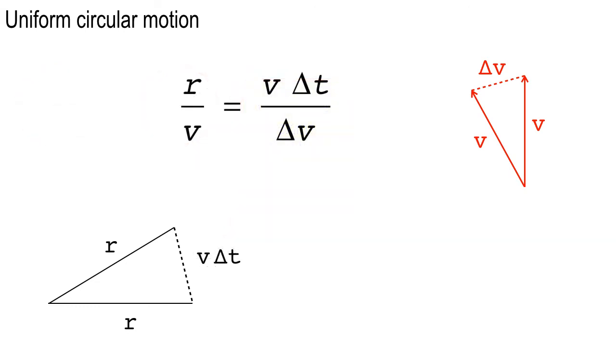So here it is: R over V, there's your first ratio. And if this pair of triangles is proportional, then that will be equal to the base of the isosceles position triangle, that's V delta T, over delta V, which is the base of the velocity triangle.